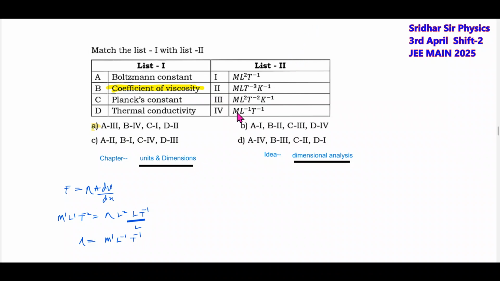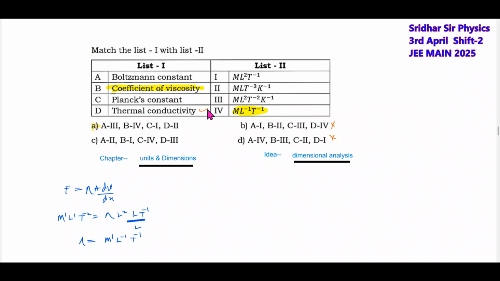Okay, this will be our condition. The B is matching with 4. I think these two are ruled out. You need to give stress, so these two are ruled out. Now between these two is what we should check.